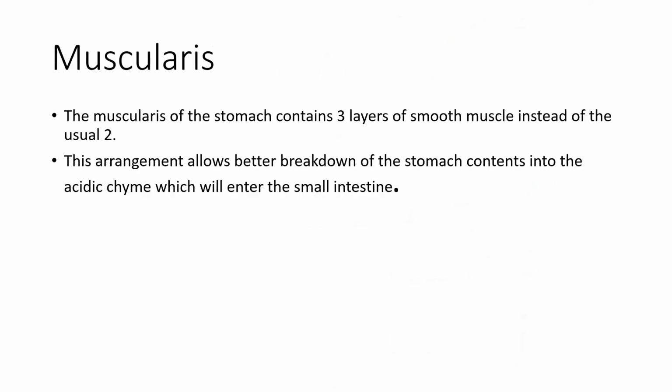Okay, said this already. We've got 3 layers of smooth muscle instead of just 2. We churn the contents of the stomach better to expose all the contents to the various gastric juices that we're forming. And what we're going to end up with is a highly acidic, sort of goopy mixture.